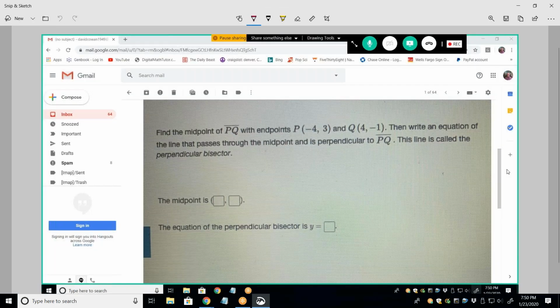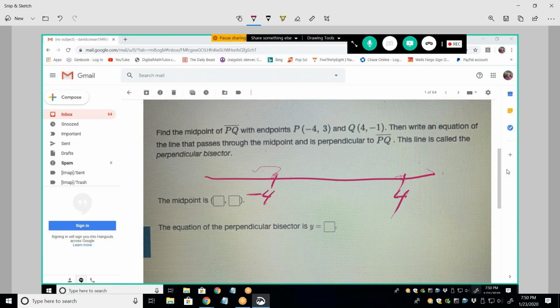So if I draw a number line, I put -4 there, and I put +4 there. Where's the midpoint? 0. Okay, how'd you get that? It's in the middle. You just figured out that 0 was halfway in between those two numbers, right?